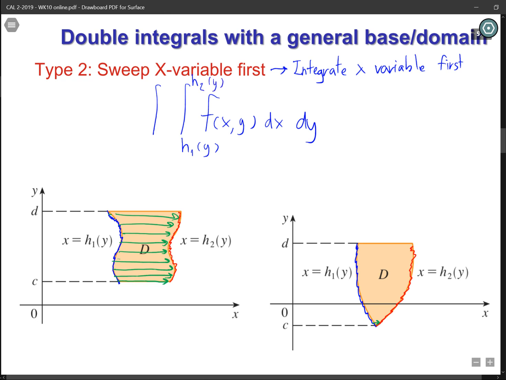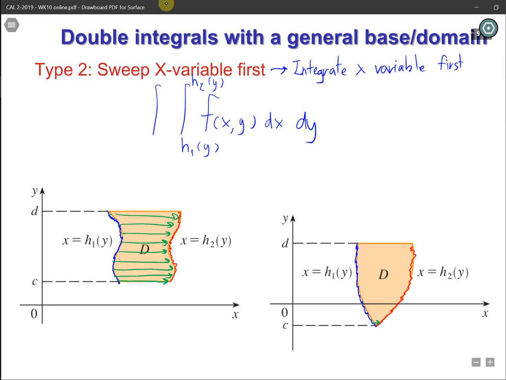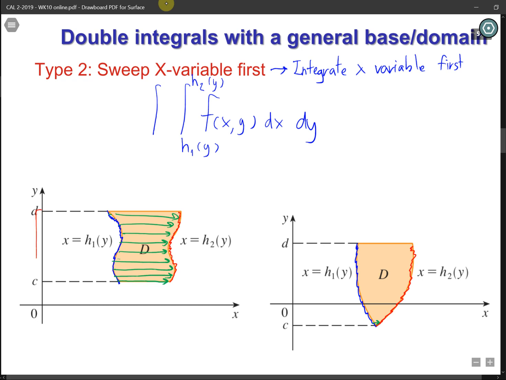The whole range starts from y equal to c and ends at y equal to d. So when we integrate with respect to y, all we need to do is go from c to d. All this sweeping has been done with the x variable.